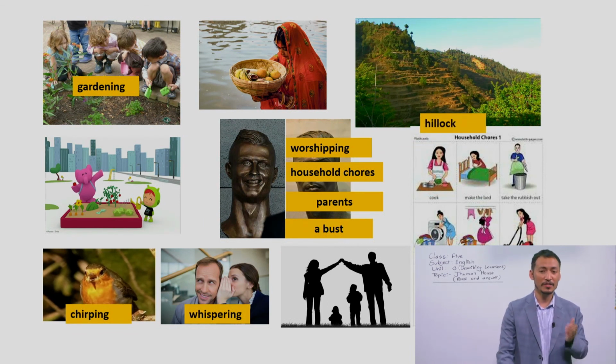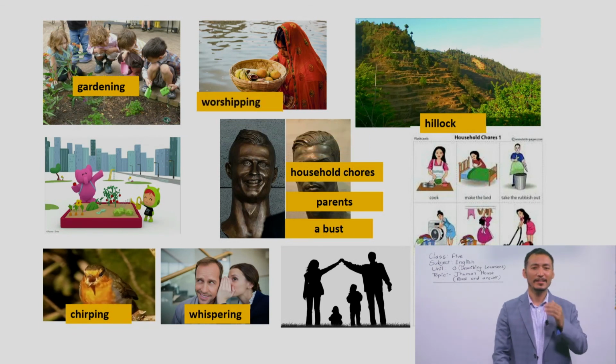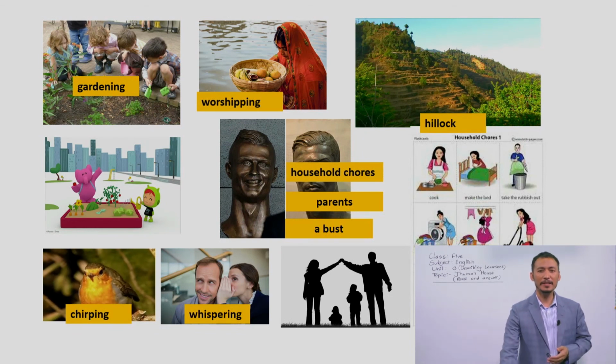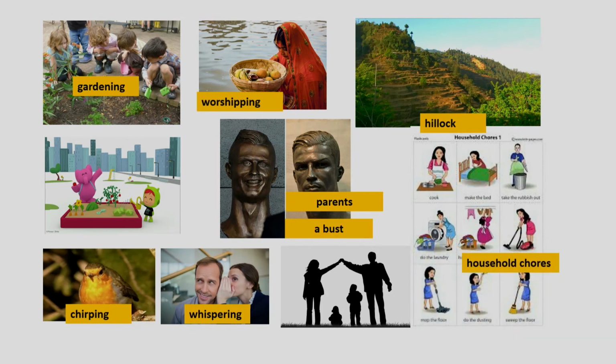We call it small hills or hillock. Another one is the woman is worshiping God or praying for blessings, right? Another one, the household chores, the things which are regularly done inside your house and that are uninteresting and boring but have to be done, they are called household chores.